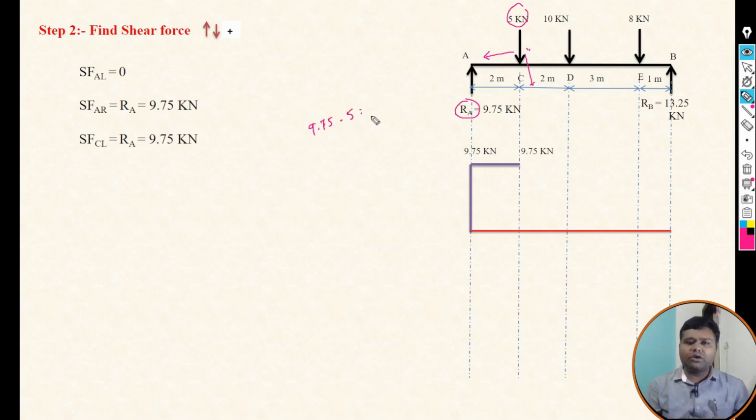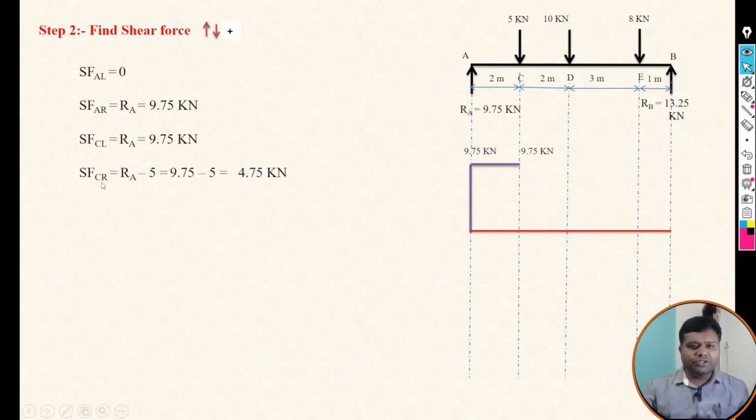So shear force C right is RA minus 5, that is 9.75 minus 5, which is 4.75 kilonewton, and it is positive. The value at C left is 9.75 and the value at C right is 4.75. That's why the shear force diagram will suddenly drop.